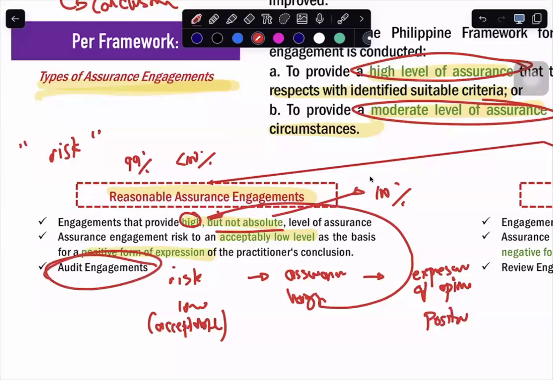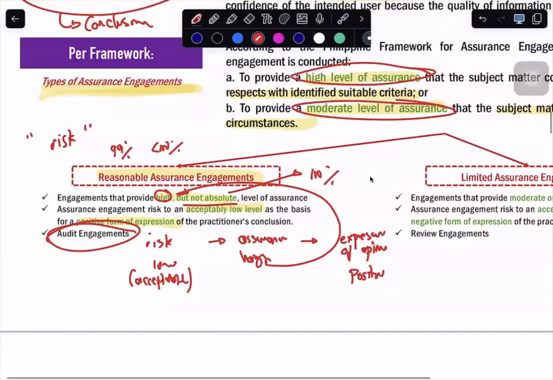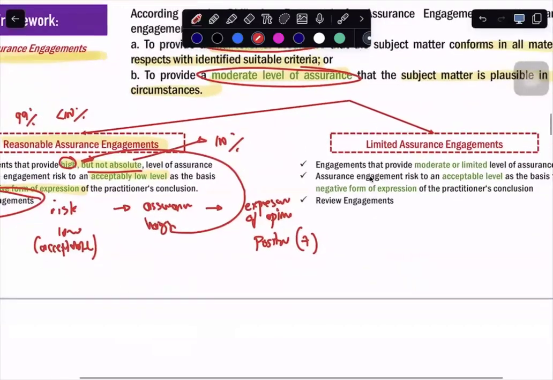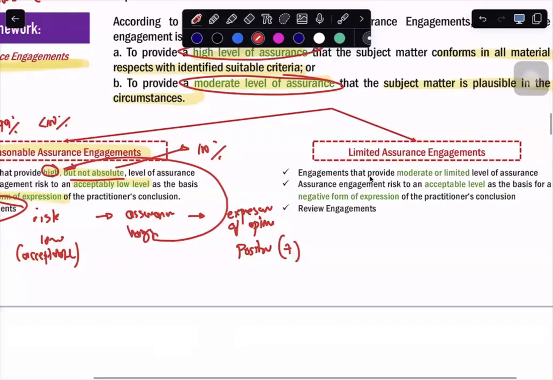Normally, this applies to audit engagement. Now, let's look into a limited assurance engagement. In a limited assurance engagement, you only provide for a moderate or limited level of assurance. So, your assurance is moderate. Therefore, your risk is at an acceptable level.